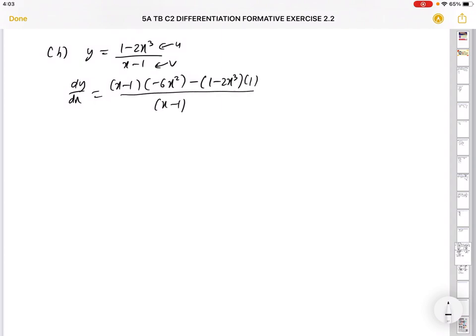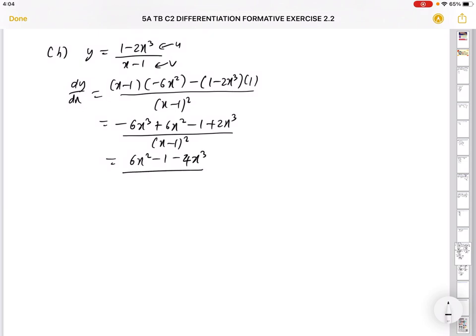Then you minus a plus 6x squared, then minus 1 plus 2x cubed, divide x minus 1 squared. So we can cancel them. 6 minus 2, minus 6 plus 2, sorry, is 4x cubed over x minus 1 squared. Alright, so that is number 11.